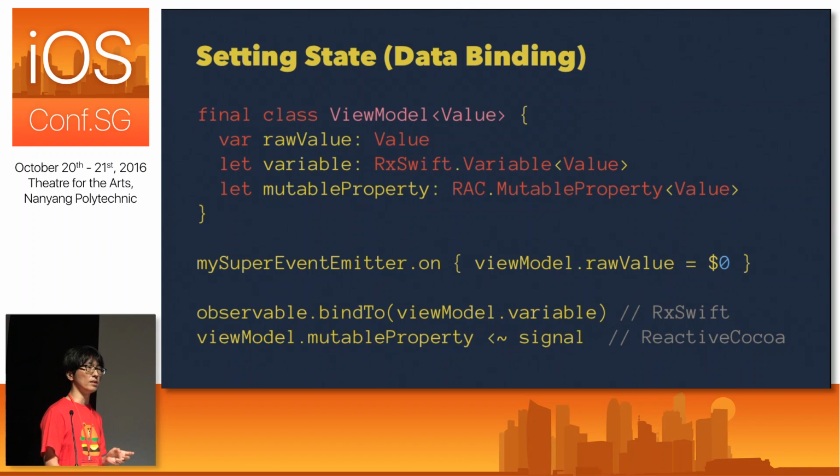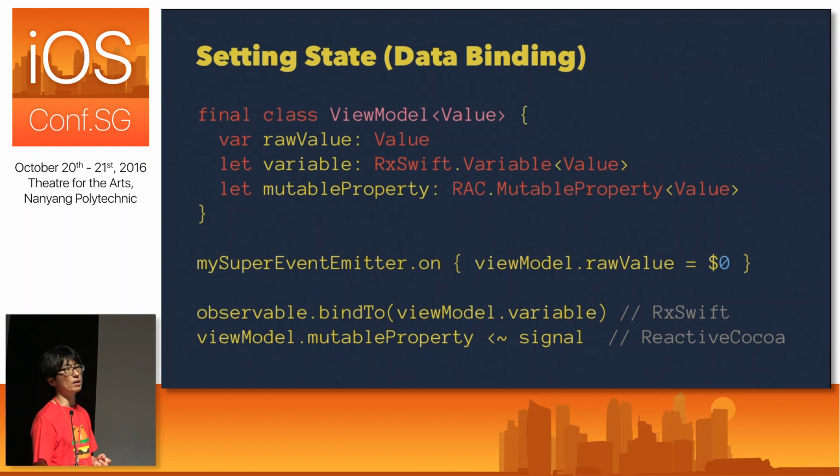What we rather want is to keep updating the value as the state changes. And we can do so by using a data binding mechanism. To do so, we can use an event emitter structure to keep observing changes, like this line, myEventEmitter.on or something like that.